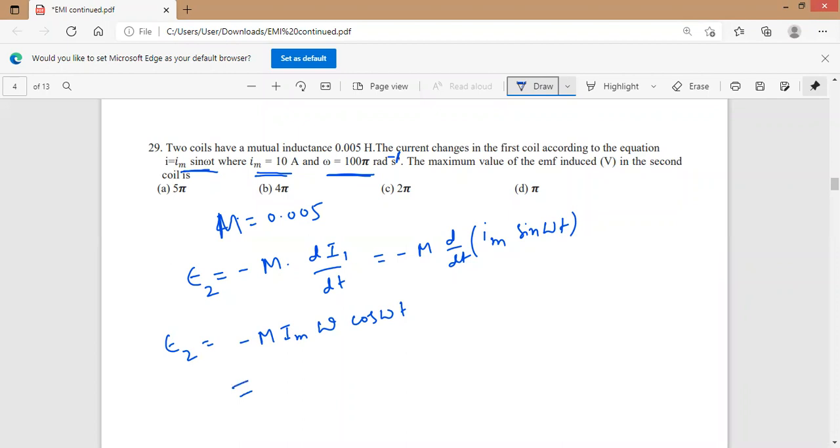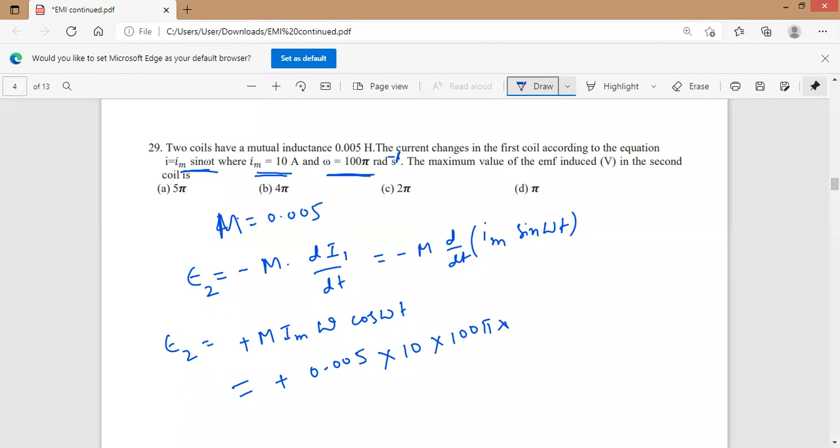Now M is 0.005 Henry and Im is 10. You only have to take the magnitude, so you can leave the minus sign. So 0.005 into 10 into omega, which is 100 pi, into cos omega t.